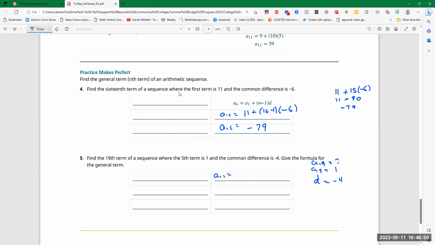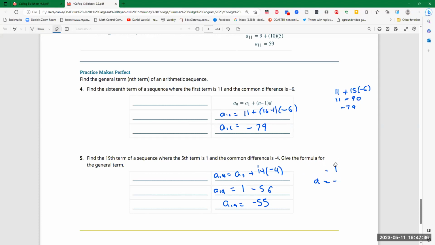A19 is going to be equal to A5 plus, and then 19 minus 5 is going to be 14 times my common difference of -4. So A19 is going to be A5, which was 1, minus 56. So I get A19 is equal to -55. You can go ahead and check it the other way if you want to, the way that they did their example, where they first found A1 and then used A1 to find AN.